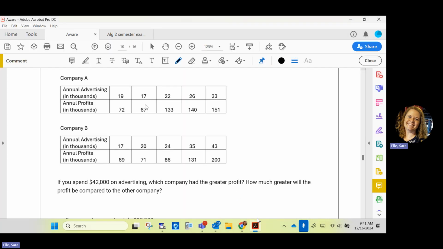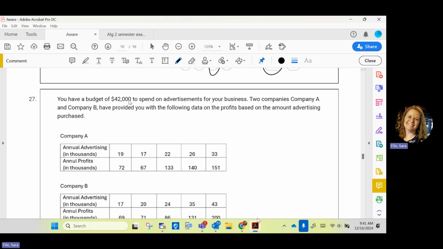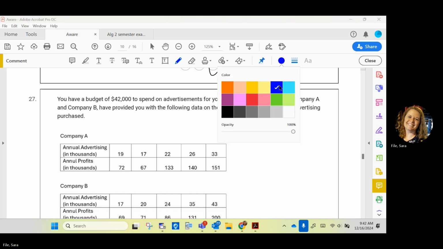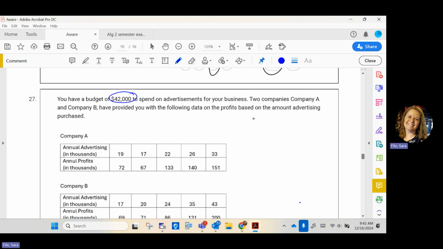But as long as you understand the process of putting the table in, getting the regression equation, and checking to see what you should plug in. Okay, so here we plugged in 42 instead of 42,000. So I'm going to make a note of that.